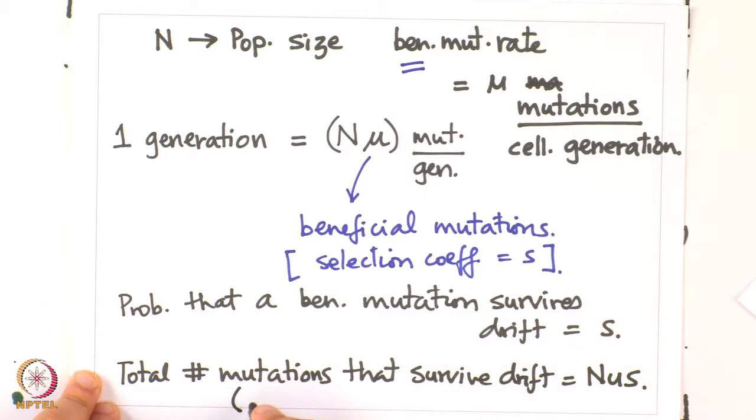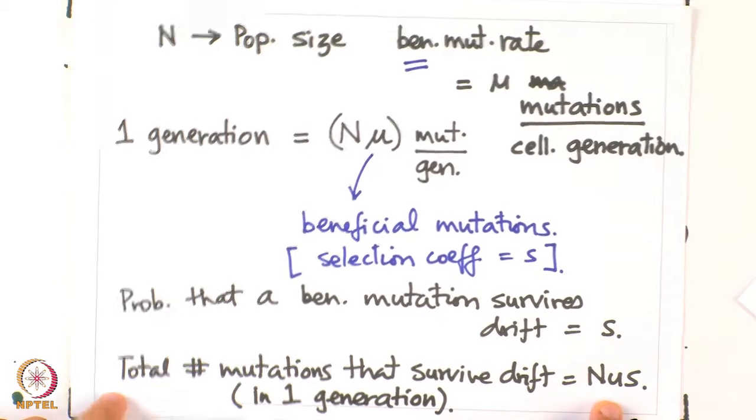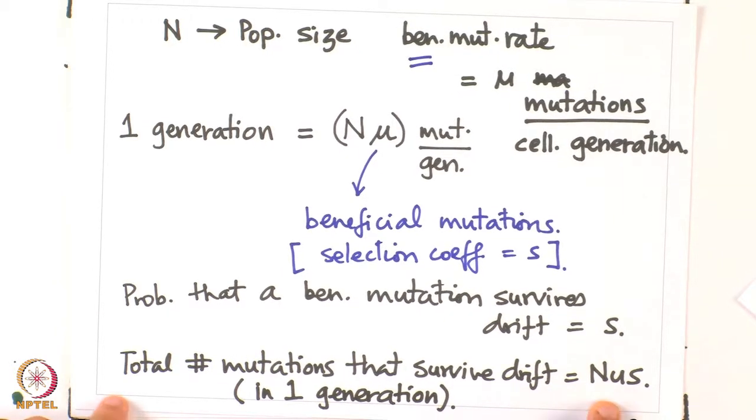And I should re-emphasize that this is in one generation time only. So, in one generation time, I have nuS mutations which survive drift and get established.